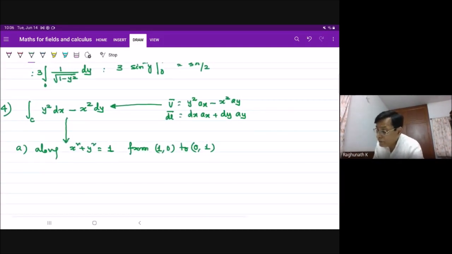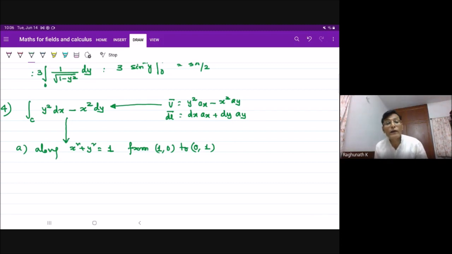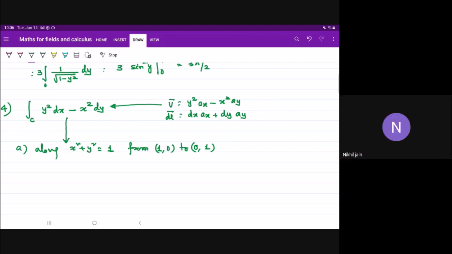Tell me. Along this x square plus y squared is equal to 1. What is the relation between dx and dy? Dx is minus dy. Huh? How, man? 1 to 0, 0 to 1. Y is minus x. No.